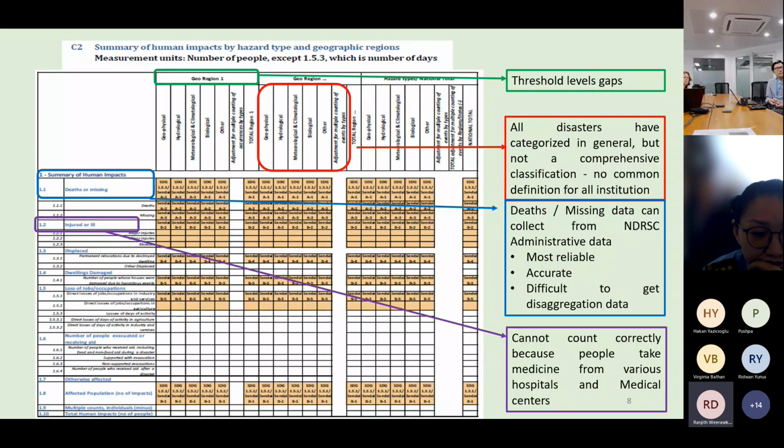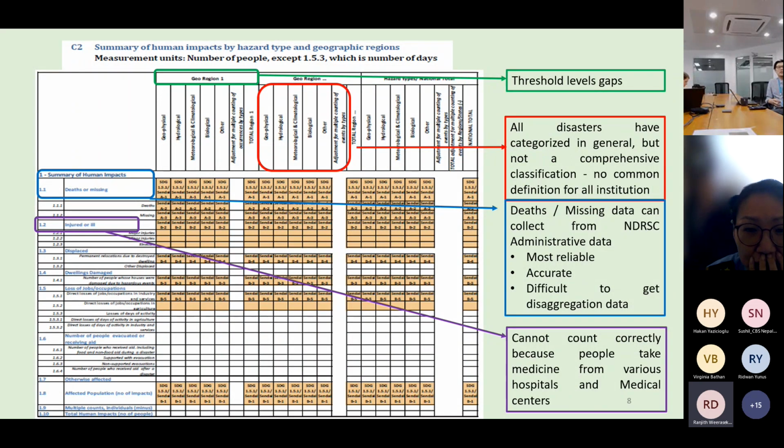Another one is by geographic type of hazards. In this column all disasters are categorized in general terms, but we have a problem: we don't have separate definitions and threshold levels.